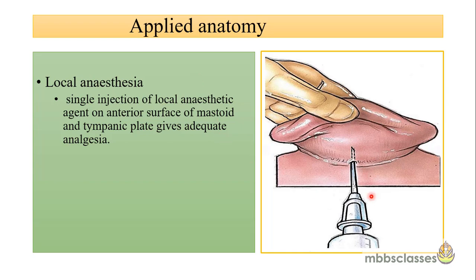So if local anesthesia is given, this is the pinna, this is the mastoid area, on the anterior surface of the mastoid and into the tympanic plate, this local anesthesia is sufficient to do myringotomy in elderly patients.